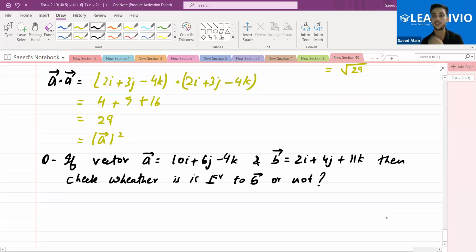You have to see, we had seen one thing, how we can say that two vectors are perpendicular.